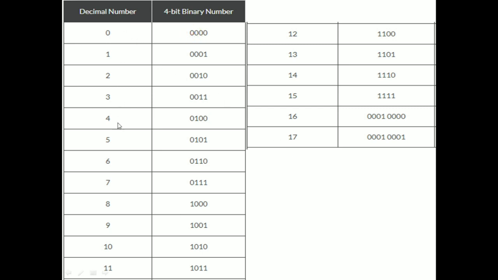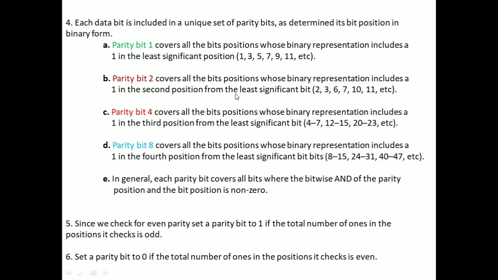Which decimal numbers have 1 in the least significant bit position? 1 has 1 in the last position, and 3, and 5, and then 7, and then 9, and then 11. For this reason we write this as 1, 3, 5, 7, 9, 11.